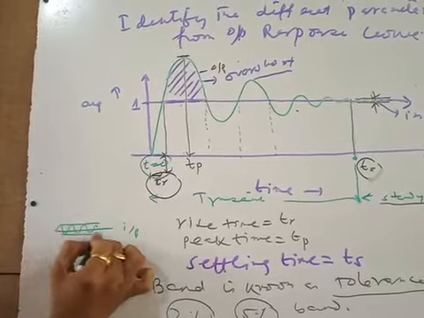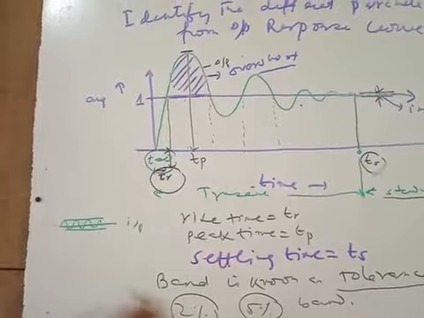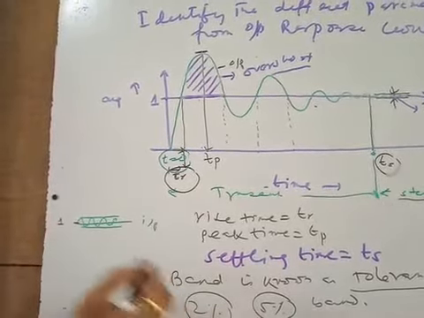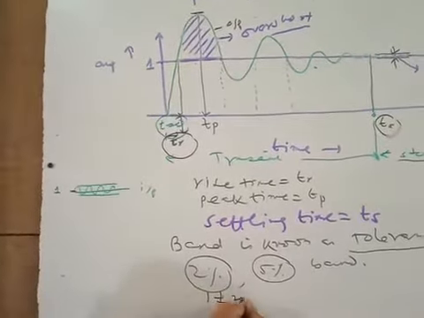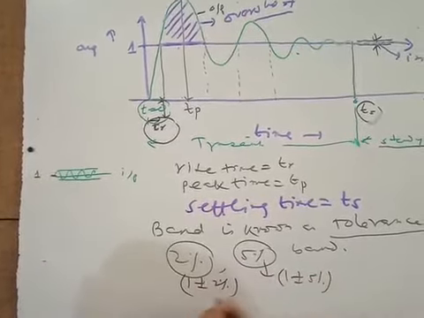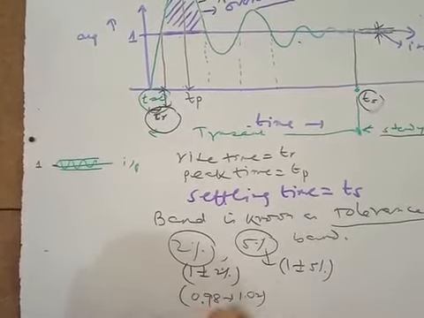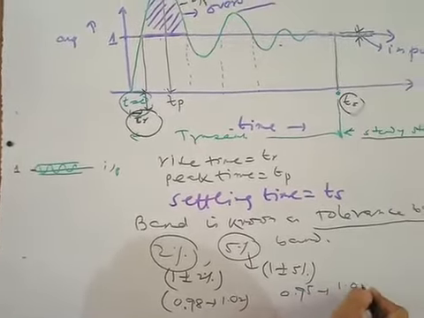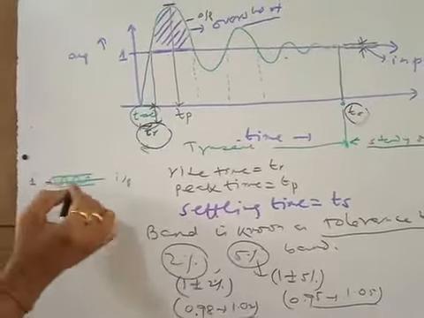If the input value is 1, then 1 plus or minus 2% gives 0.98 to 1.02, and 1 plus or minus 5% gives 0.95 to 1.05. These are the values of the output signal about the real axis.